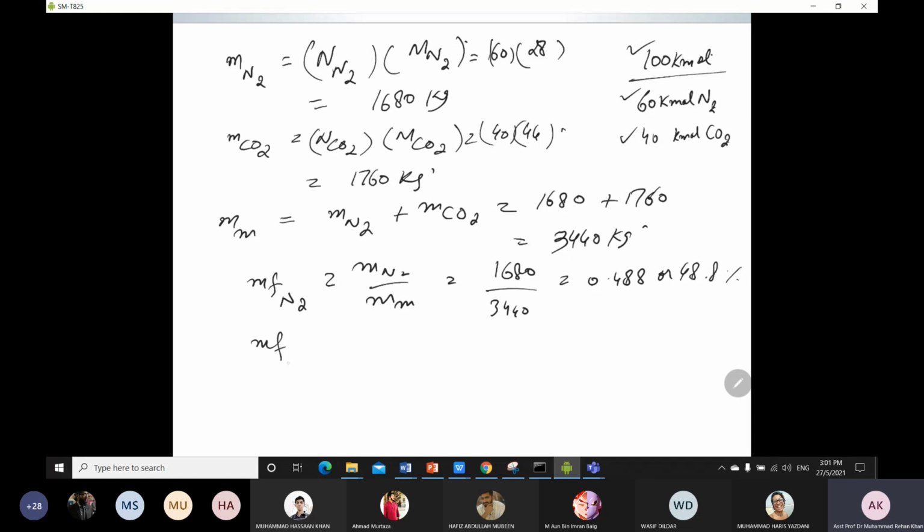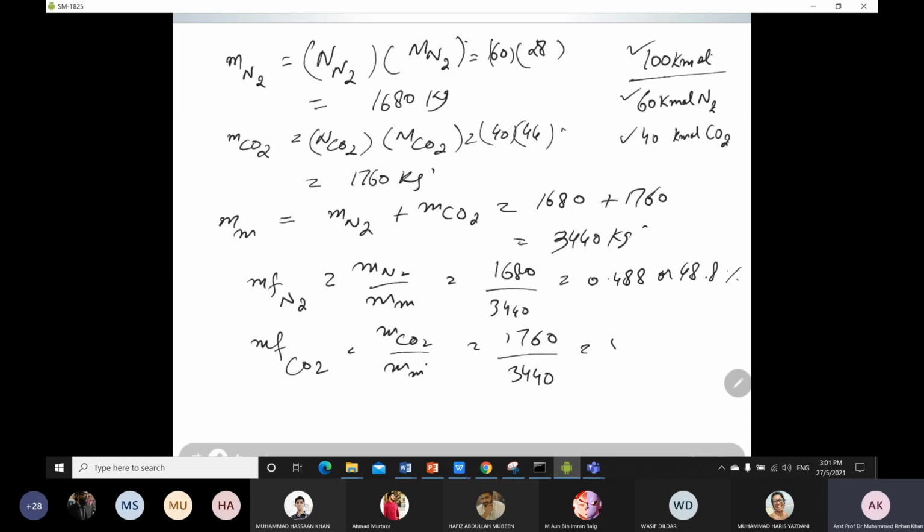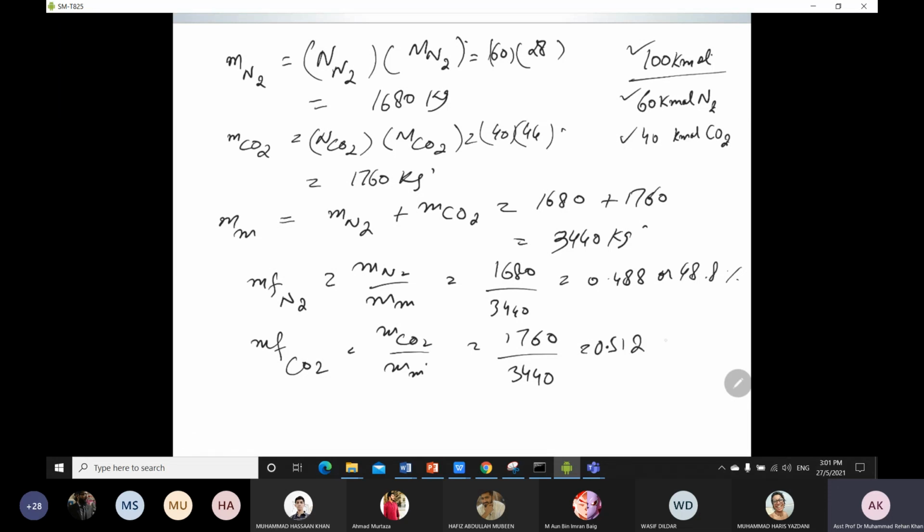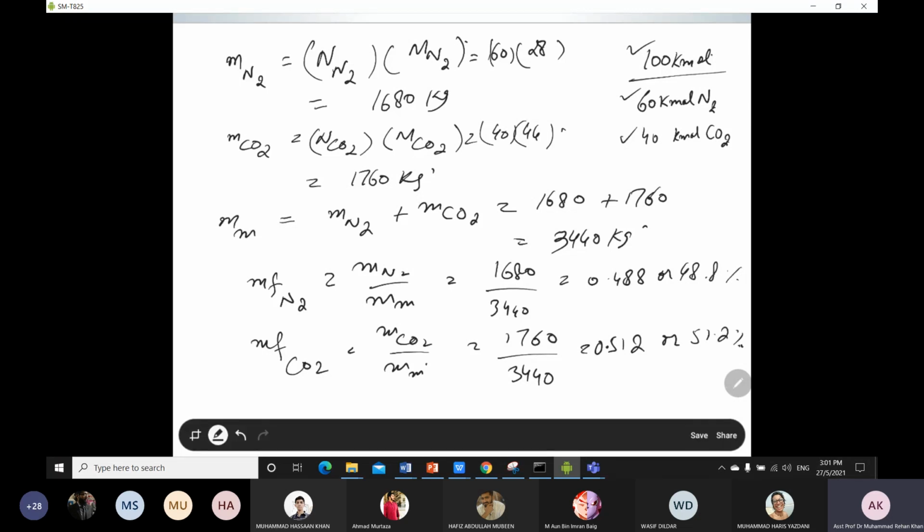Similarly, mass fraction of CO2 is equal to mass of CO2 over mass of mixture. Mass of CO2 is 1760 and mass of mixture is 3440, so it will be equal to 0.512, or 51.2% mass fraction of CO2. Okay, so this is the first solution.